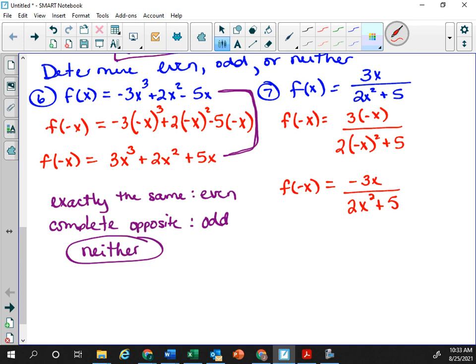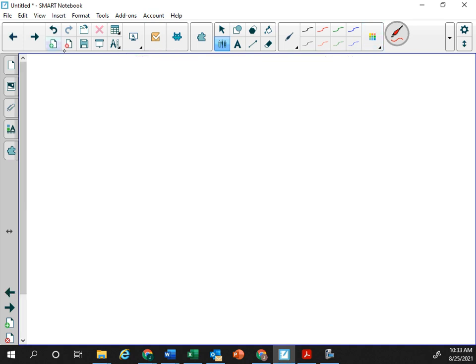Okay. Let me remind you of fractions. Let's say I start with the fraction 3/4. What's the opposite of 3/4? So the numerator's opposite and the denominator stayed the same, right? What if they both were opposite?